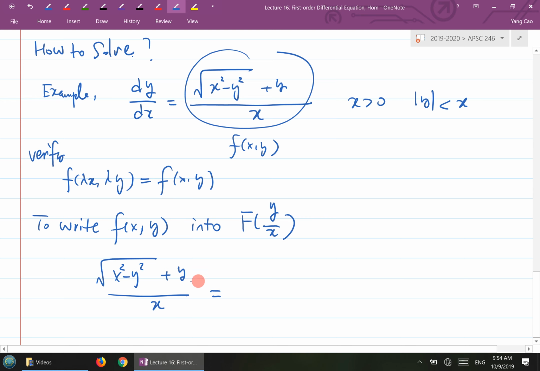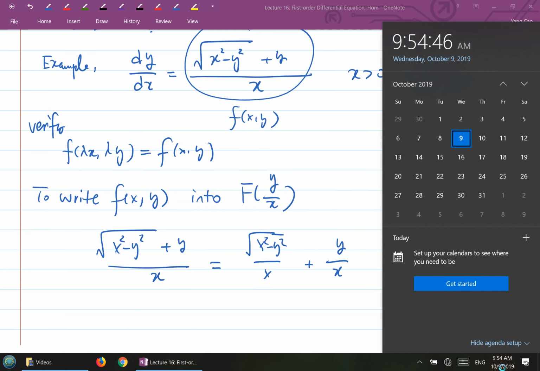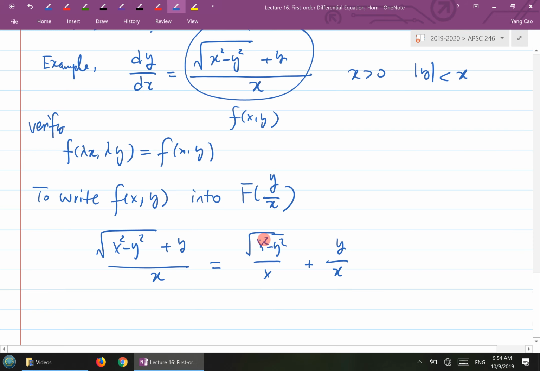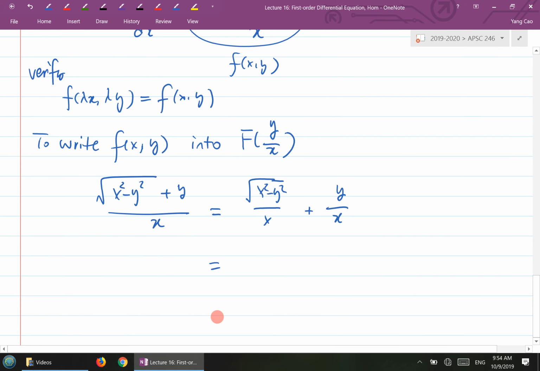So initially you could just put it into two fractions. That's y over x. So this term, you've got a y over x now. How about this one here? For this one, the x is outside the square root.